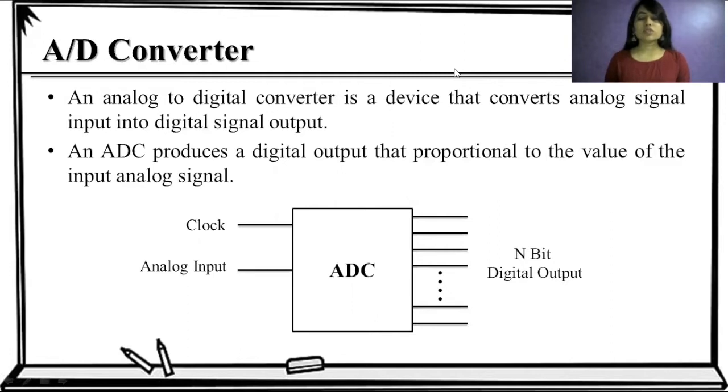The analog information can be converted into an n-bit digital output using this converter. N bits means we can convert analog information into a 4-bit digital output, or an 8-bit digital output, or a 16-bit digital output, or whatever our requirements. According to that we can convert analog information into n-bit digital form. So this is a basic idea about the analog to digital converter.